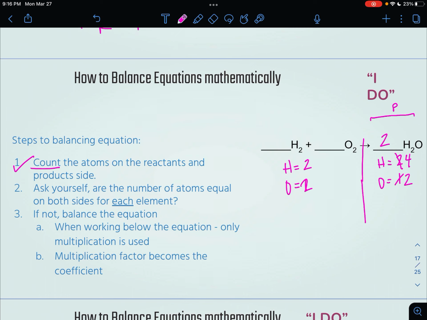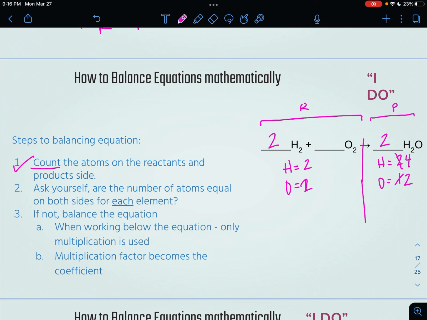If I look back to my reactant side, I can see my oxygens are now equal, but my hydrogens are not. So if I have 2, I have to think, what times 2 is 4?